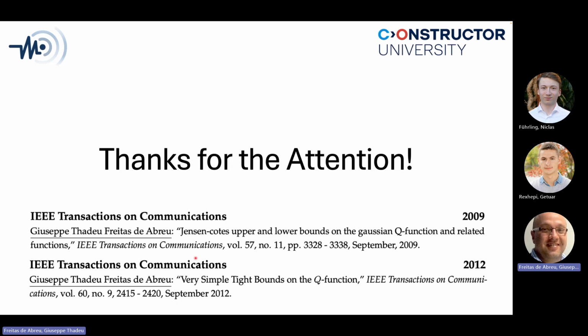But I would not be surprised if other people did work on bounds of multidimensional versions of the Q function. I don't know, however, if anybody attempted to extend these results in particular to the multidimensional case. That might be an interesting thing to look into, actually. Yeah, I hope I answered your question.